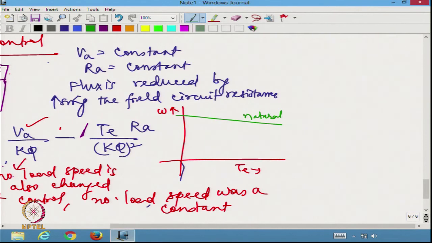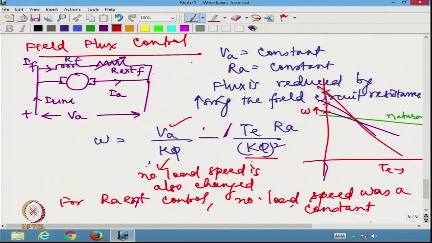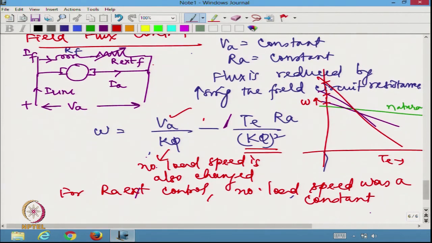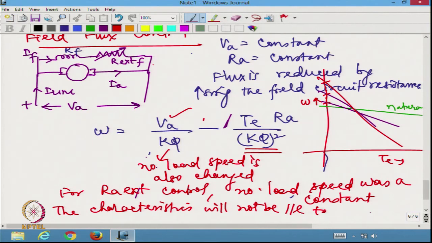Now, if I try to vary the flux, I am going to have probably one of them somewhat like this, the next one somewhat like this, the next one maybe like this, and so on. So, are you getting my point? We are having variation in the no load speed itself, and even the rate at which the speed is decreasing, that is also changing. So, they are not parallel to each other. So, the characteristics will not be parallel to each other.